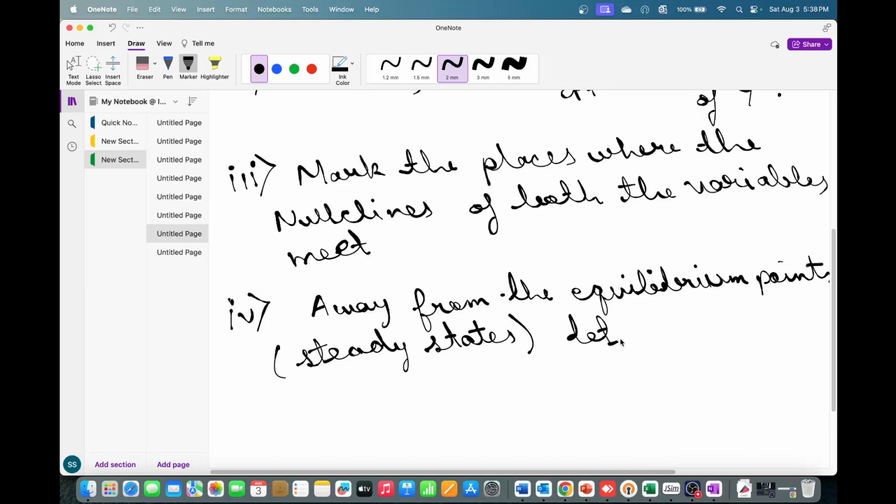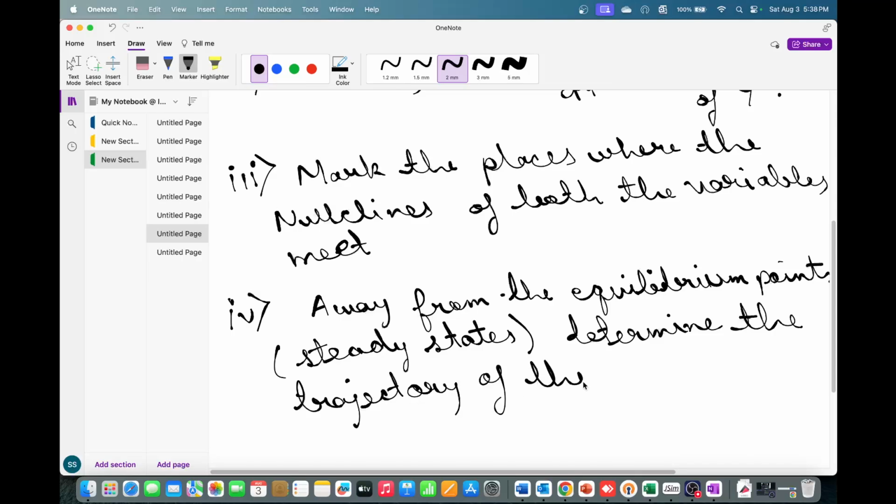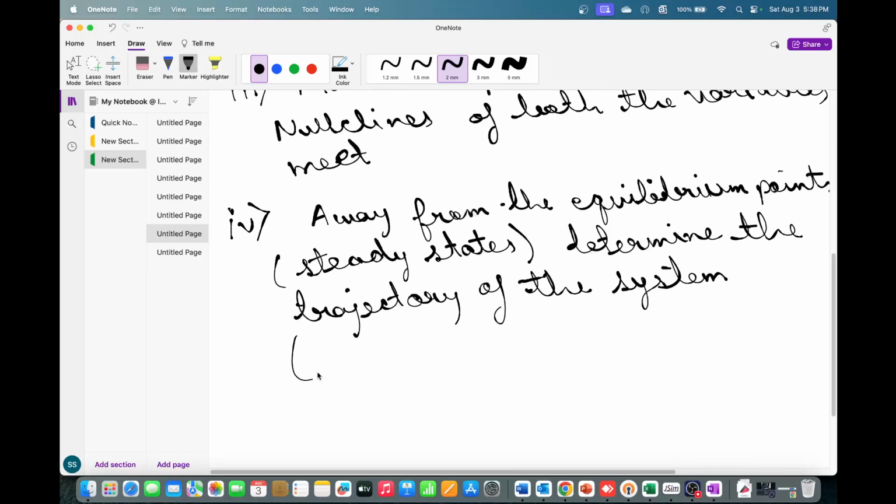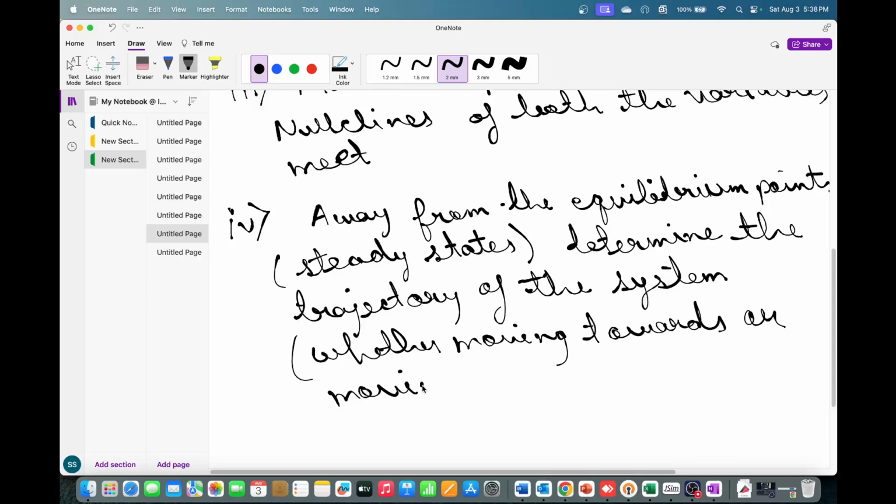Determine the trajectory of the system, right? Whether moving towards or moving away from the steady state.